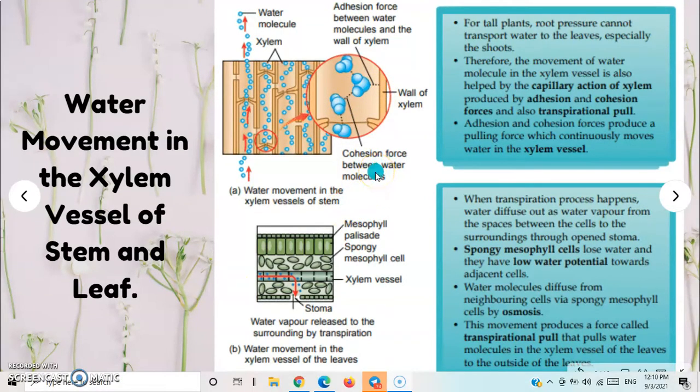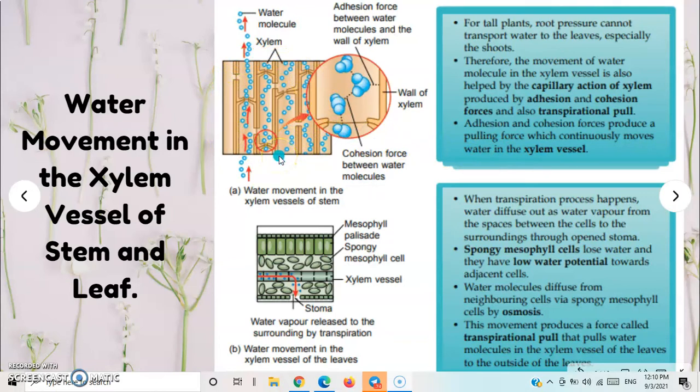Cohesion force is a force between water molecules. These two types of force will produce a pulling force which continuously moves water in the xylem vessel. So that is referred to the capillary action.